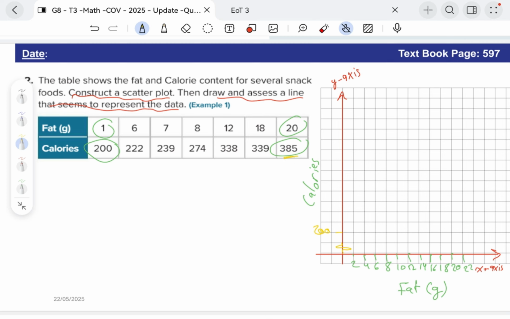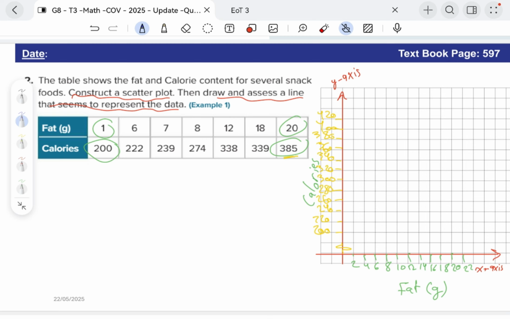I will skip count of 20: 220, 240, 260, 280, 300, 320, 340, 360, 380, 400, 420.